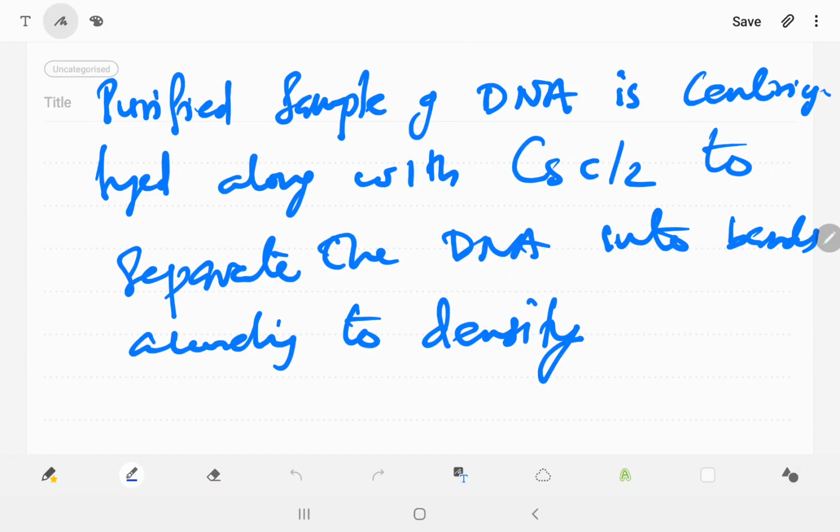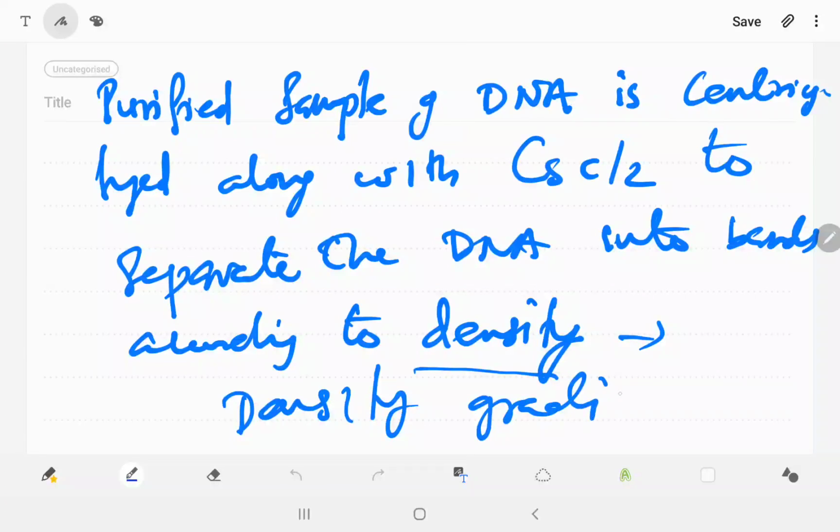This is what their centrifugation experiment was. This is called density gradient centrifugation.